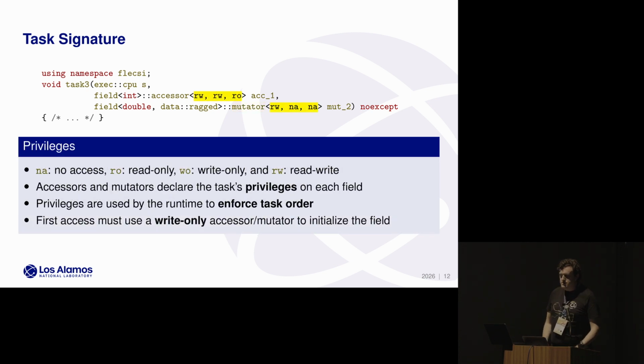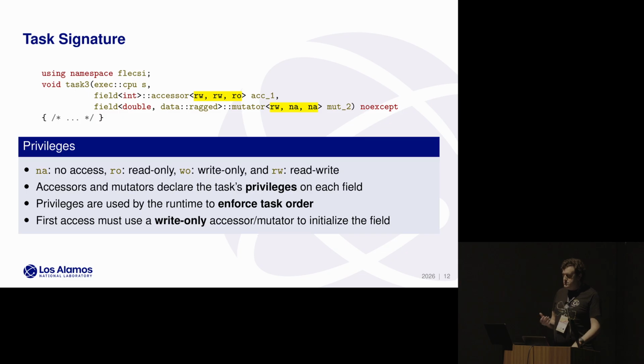Then you will have noticed that there are these markers after the accessor and mutator. These are the privileges. And they come in the 4 varieties of read and write and not read and not write. These define what you're going to do with the data, and they are used by the FleCSI runtime to determine which tasks can run in parallel and which ones use the same data and thus must be serialized.